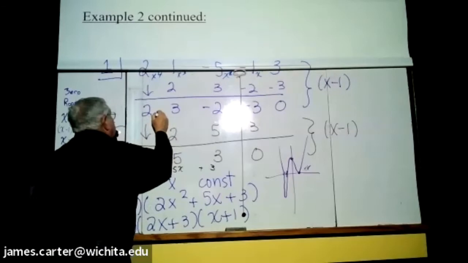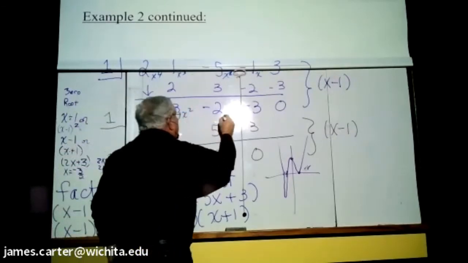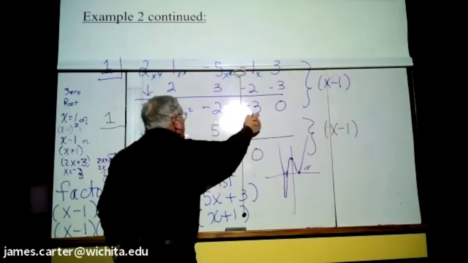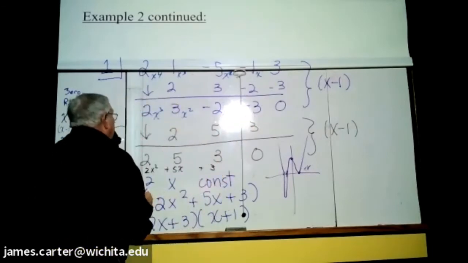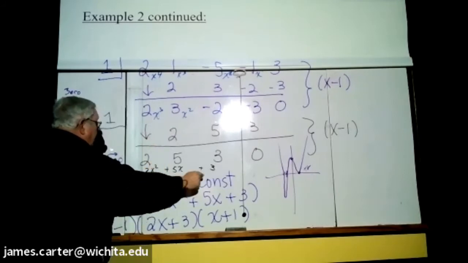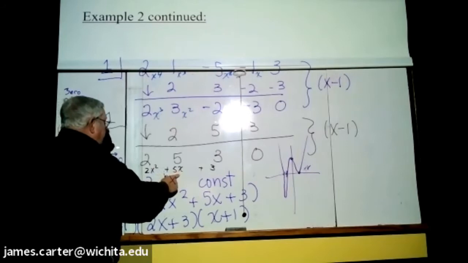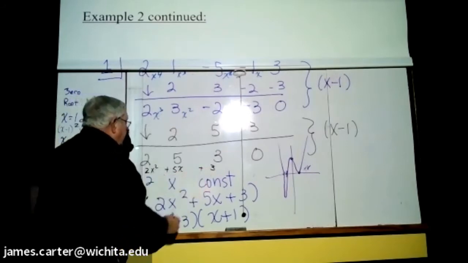This one becomes x to the 3rd, x squared, x, and constant. Here, and I've already got it written out for you, it becomes 2x squared, 5x, 3.